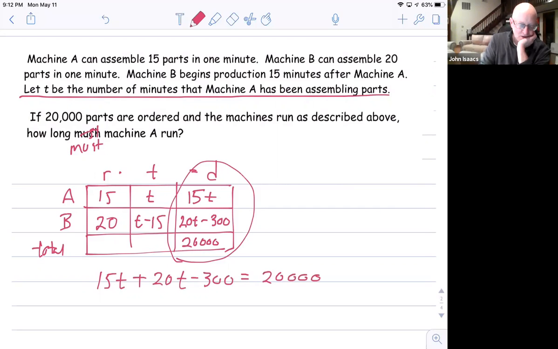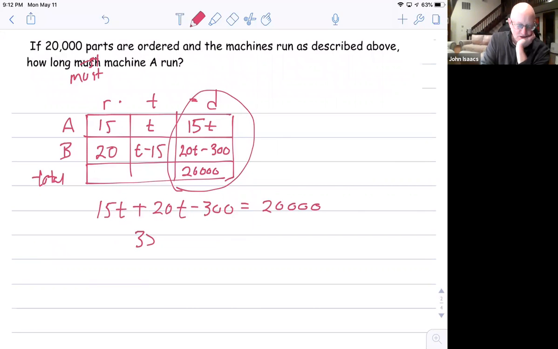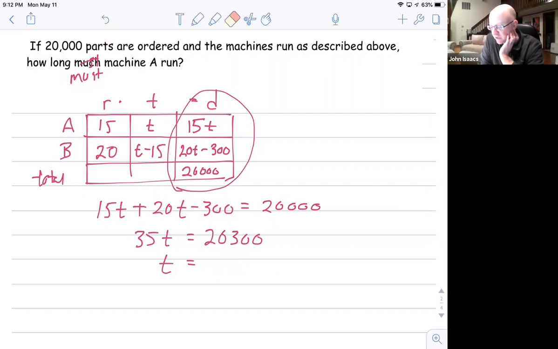And then you go ahead and solve this. So we have 35t, and the 300 will move over to the other side, 20,300. And if you divide the 20,300 by the 35, you get 9.6 repeating. Oh no, you do not get that. You get some much larger number than that. What do you get? I did this earlier. You get 580 minutes, which is not easy to understand until you divide that by 60.